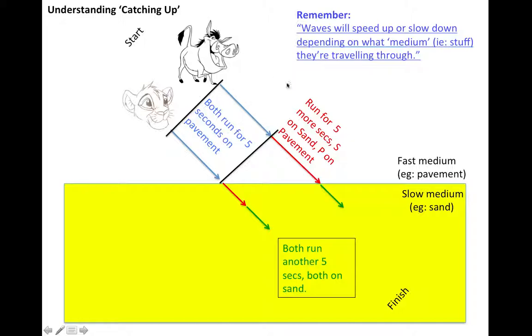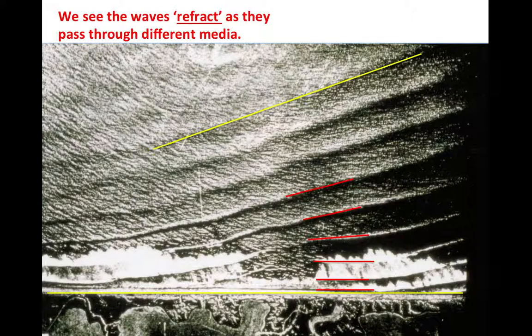After 5 seconds, they've both been travelling in the same medium, so we still see the wave crest is at the same angle. However, after Simba has reached the slower medium and Pumbaa has reached the faster medium, we see the wave crest change angle. Then they both travel in the same medium again, both in the slow medium, and the wave crest stays at the same angle. This is exactly the same example as what we saw on the beach.